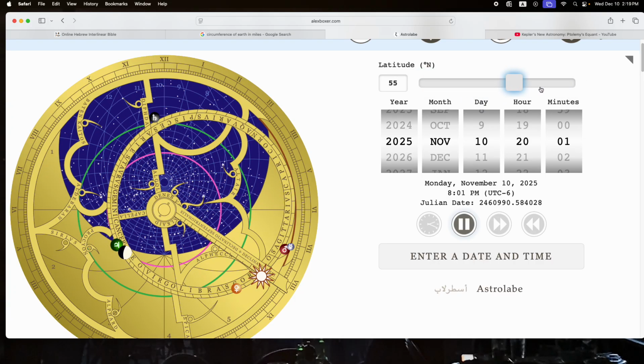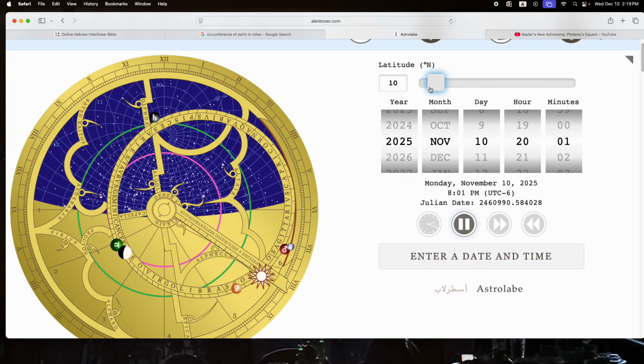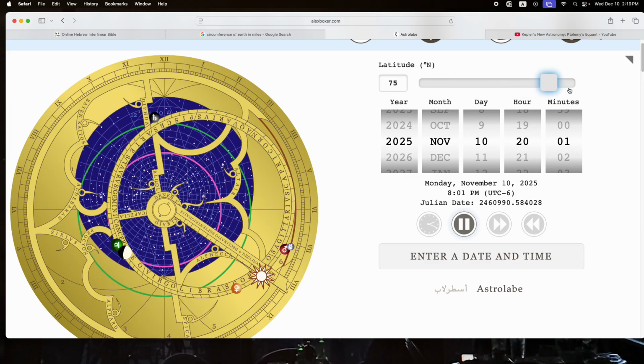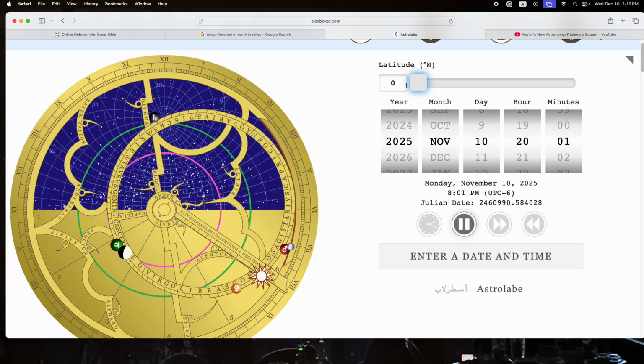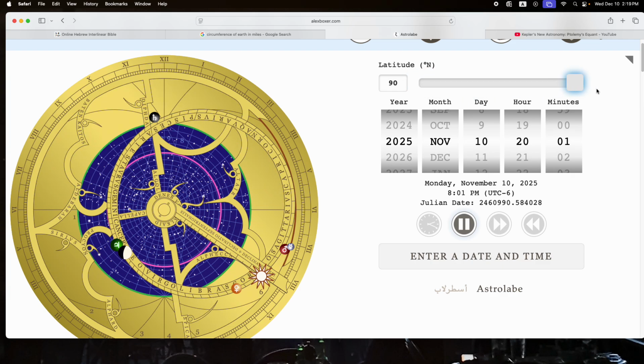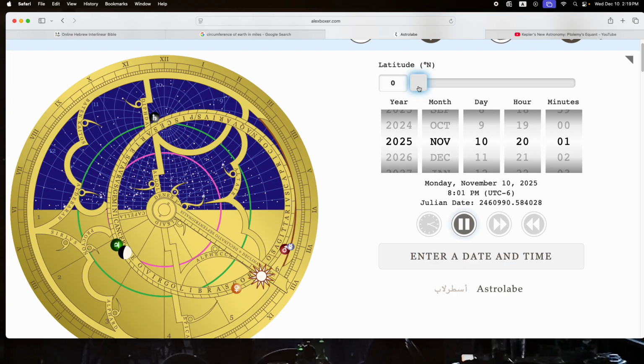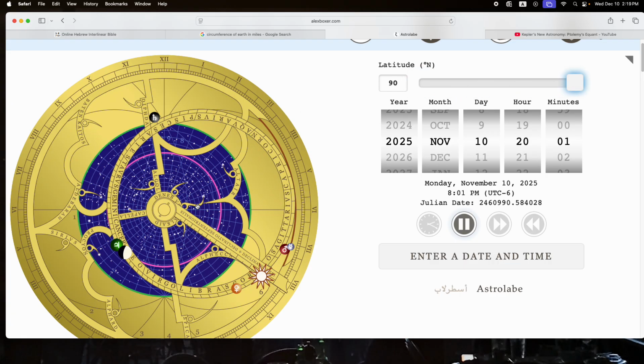So as with Stellarium, when I did that video playing with Stellarium, we can simplify this by looking at the drum in a couple of different positions. We can look at it as if you were standing at the equator, using this instrument. Or we can look at it as if you're standing on the pole, the center north pole.